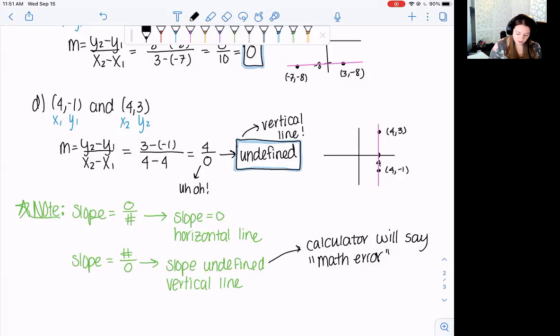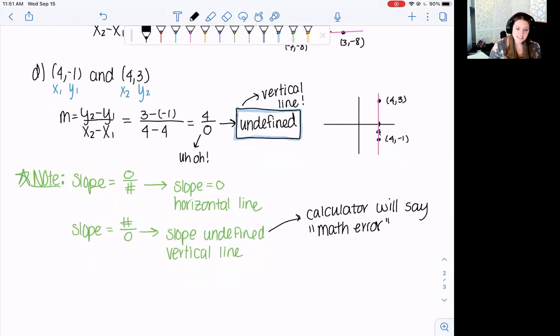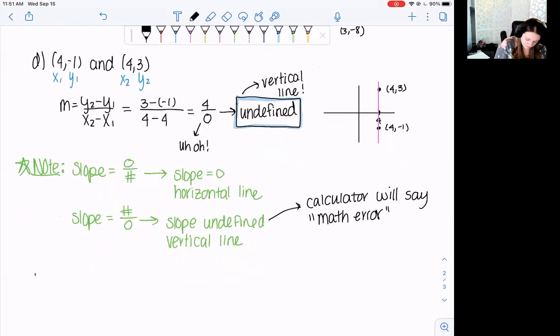There are 2 different types of errors your calculator will give you though.